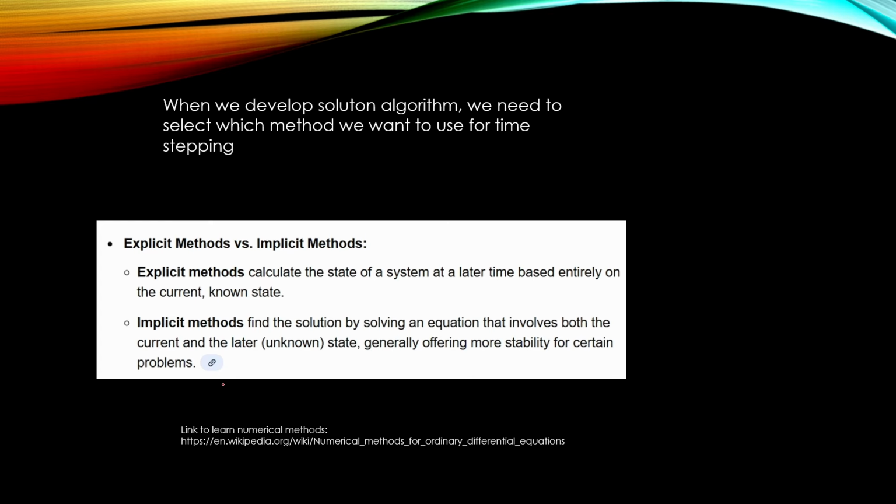But in implicit methods you also take into account the coming situation. This is more complicated mathematically, but it generally offers a more stable solution. Here is a link where you can look at what these methods mean in mathematics.